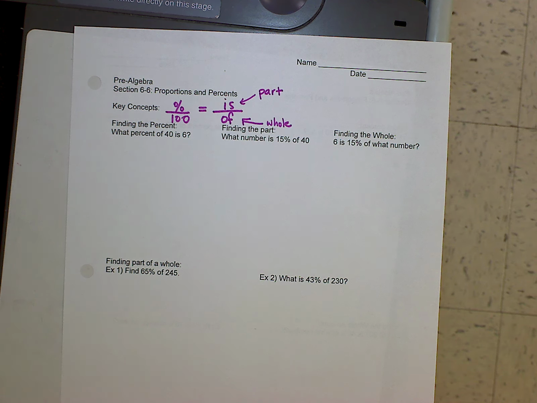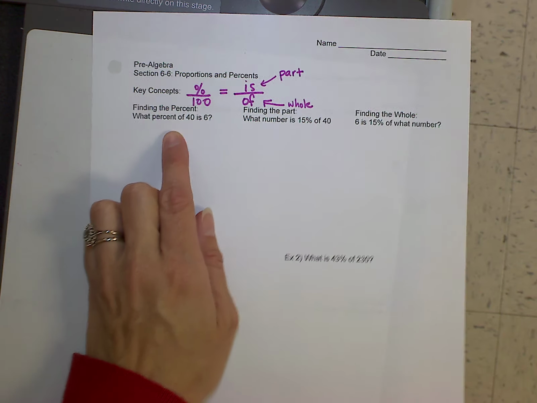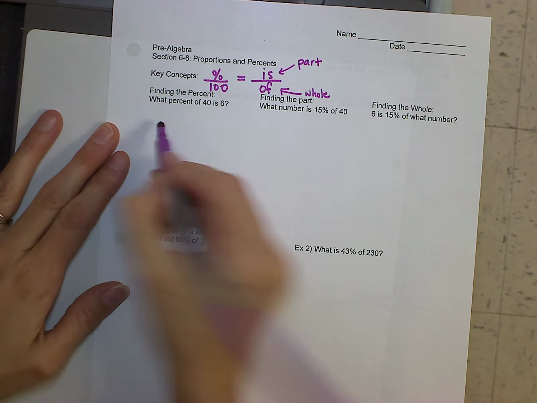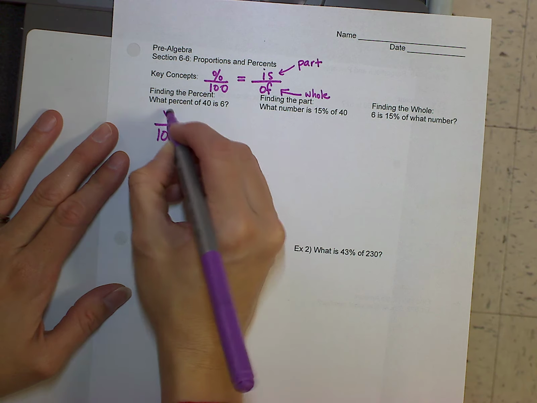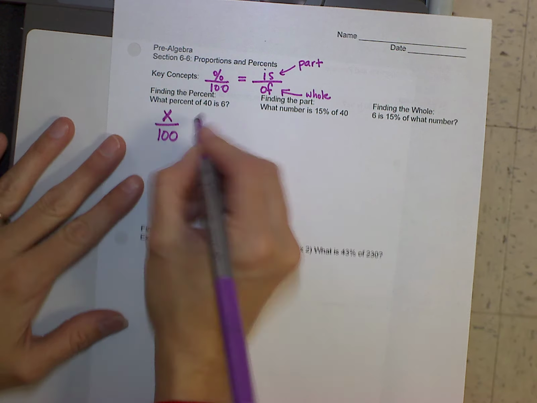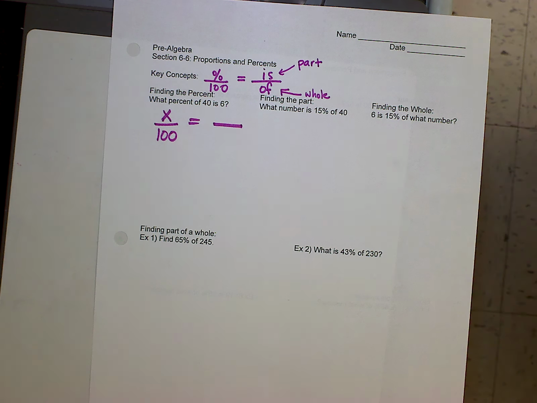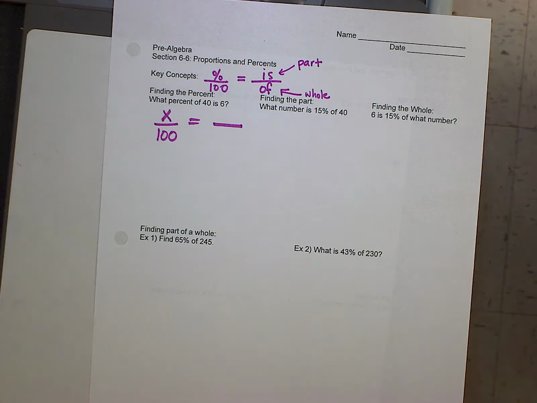Let's talk about finding the percent. It says, what percent? That is my clue that I don't know my percent, right? What percent? So what should I put over 100? X. What percent means I don't know the percent. And then what is my is number? Is 6. So that goes up top.